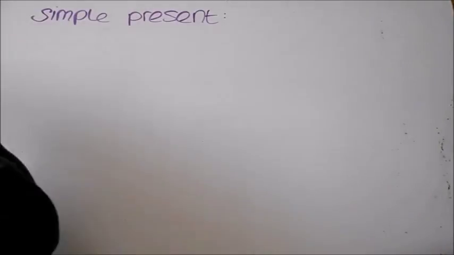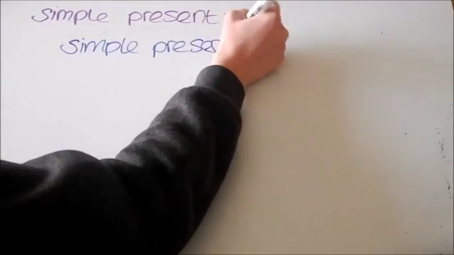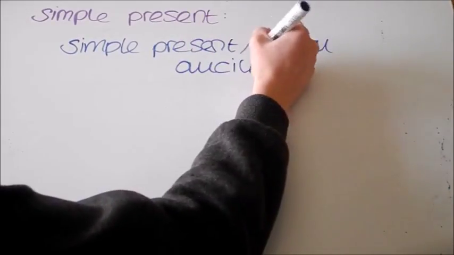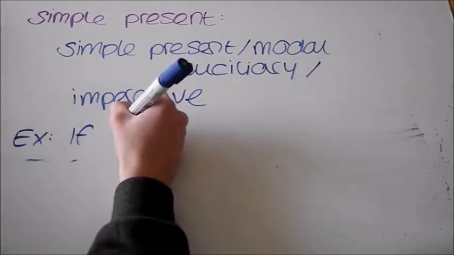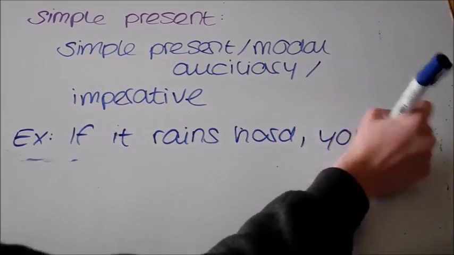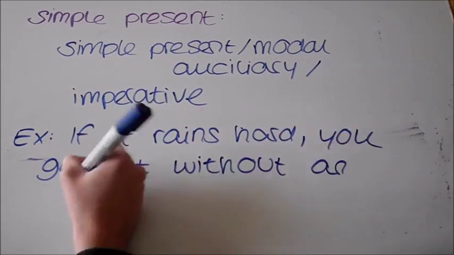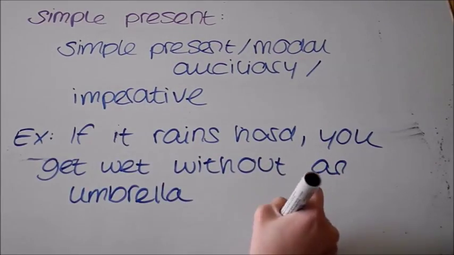If the if part of a sentence is in simple present, the other part of the sentence is in simple present, modal auxiliary, or imperative. For example, if it rains hard, you get wet without an umbrella. Here the simple present is used.